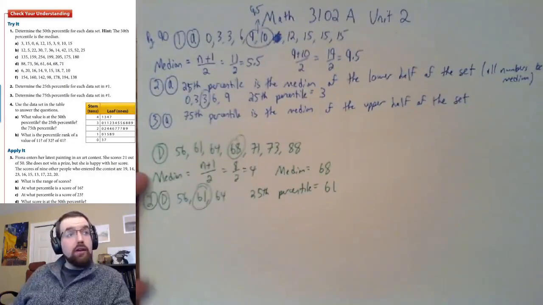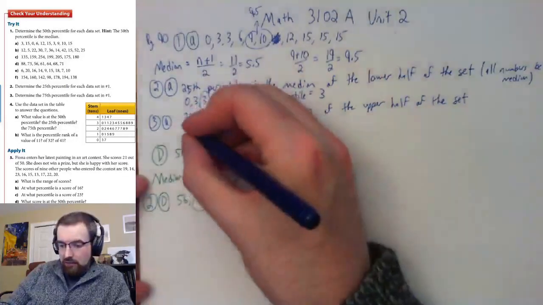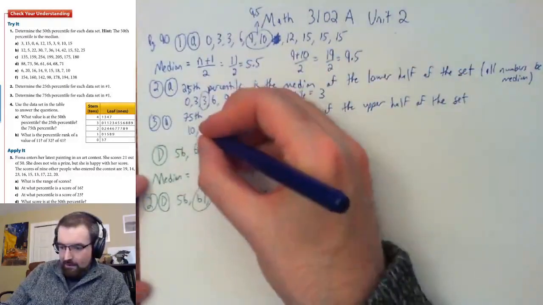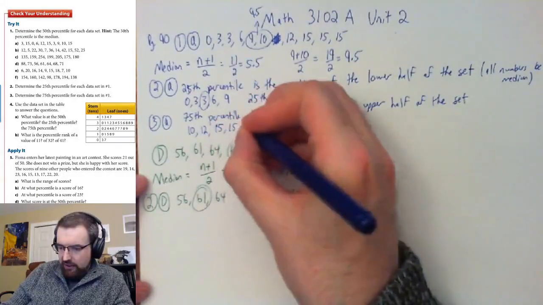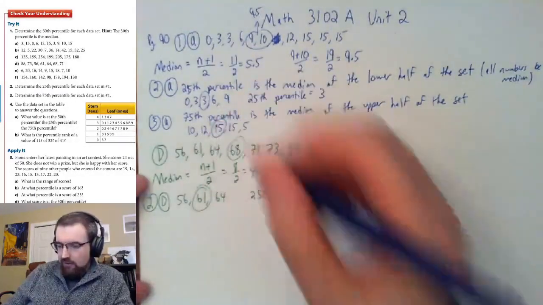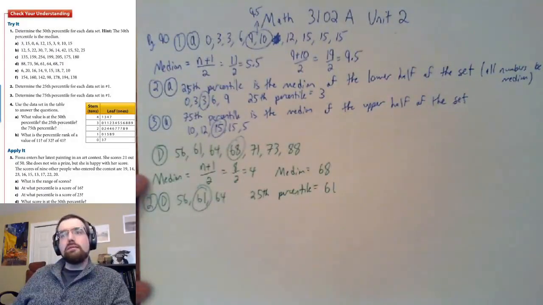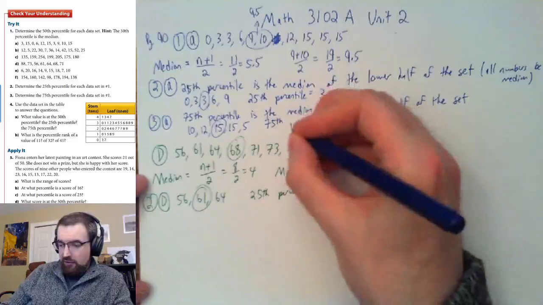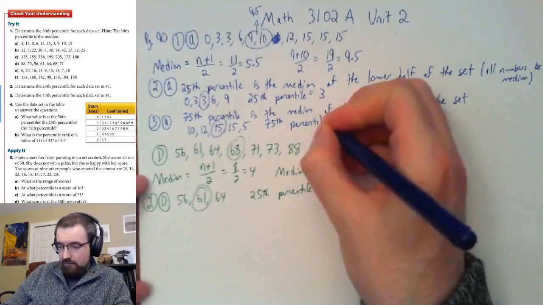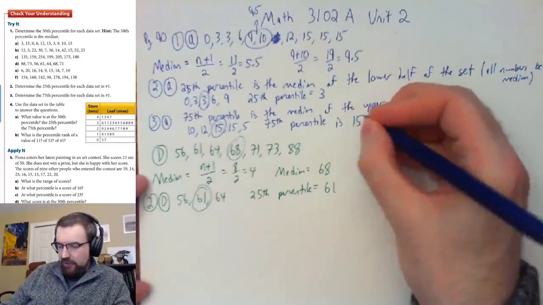Right? All the numbers greater than the median. So here now it's going to be 10, 12, 15, 15, and 15. So we're going to have 15, just the middle one of those. Right? So the 75th percentile is 15.